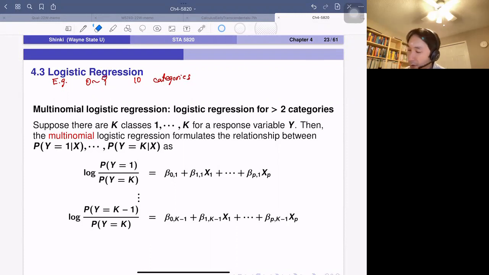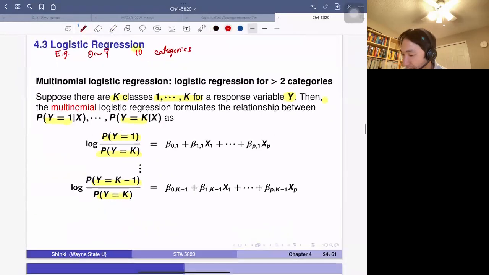So what's the way to do it? Suppose we have k classes, in this case k is 10, so the value of y is either 1, 2, 3, up to k. Multinomial logistic regression formulates the relationship by considering the ratio of the probability of y equal to i and the probability of y equal to k, so k is the baseline.